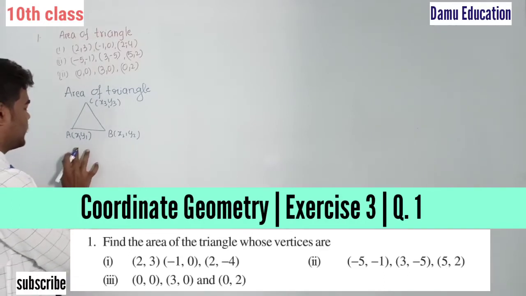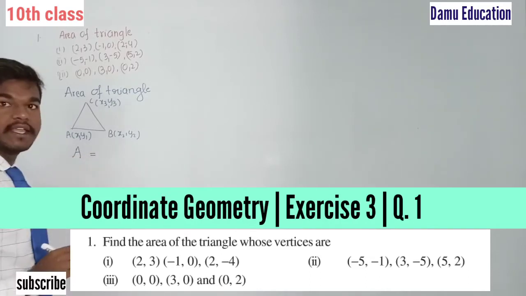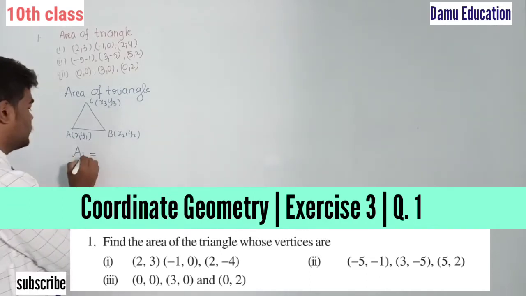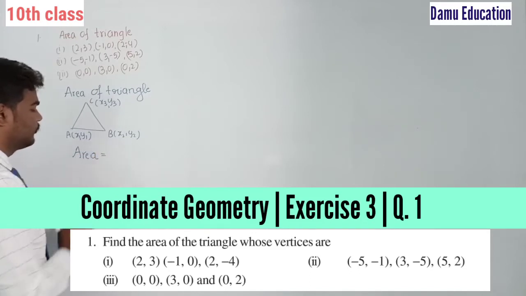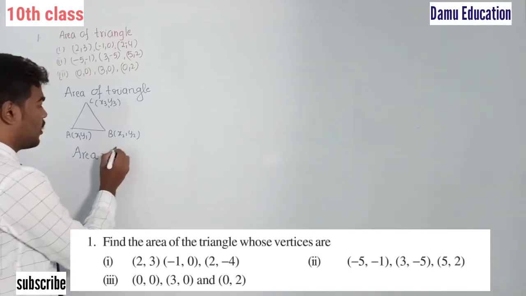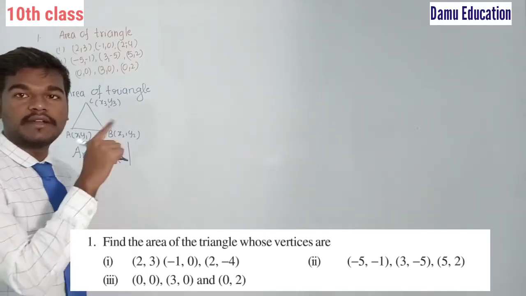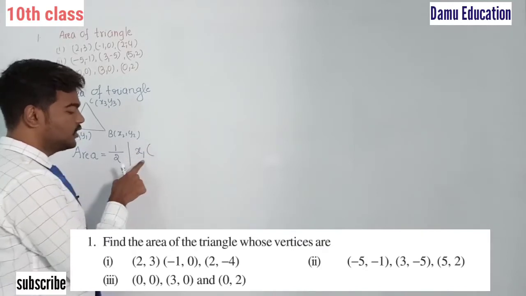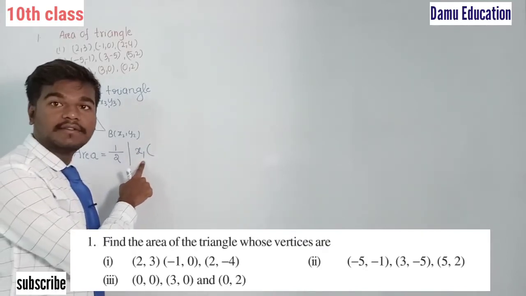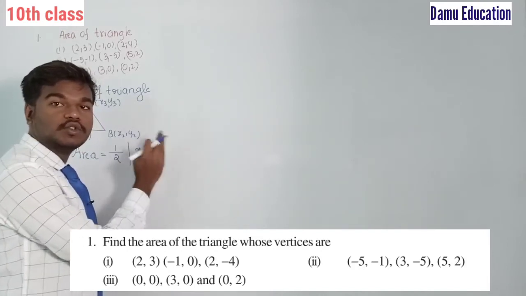So the area of the triangle, capital A, will be equal to half, that is 1 by 2 modulus of x1 into, here 1 is there, right? For that we have to write y, continuing 1 2 3, 1 2 3.